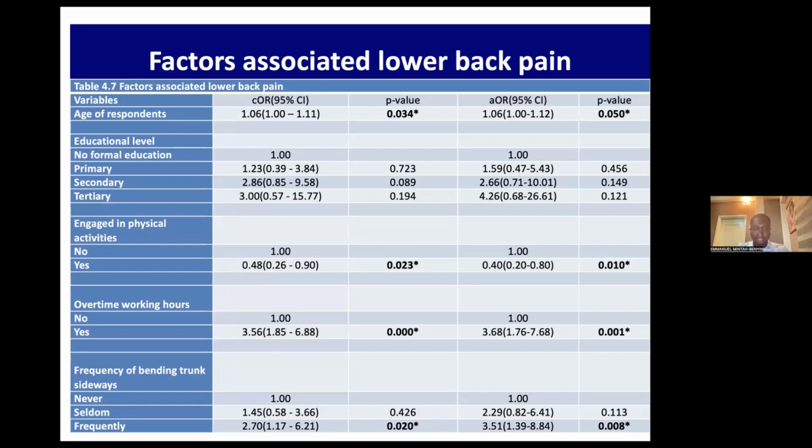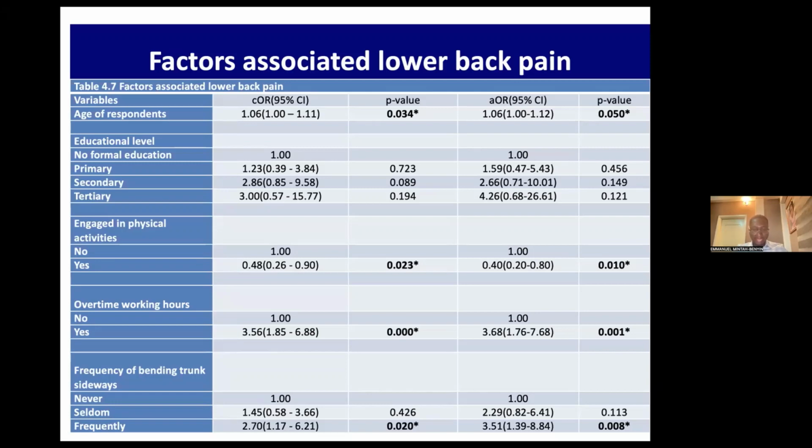Heavy equipment operators who engage in physical activity also had a 52% significant decrease in their odds of having low back pain as compared to those who were not engaging in physical activities, with a crude odds ratio of 0.023 after adjusting for all other variables. And the adjusted odds ratio was 0.40 with a p-value of 0.010.